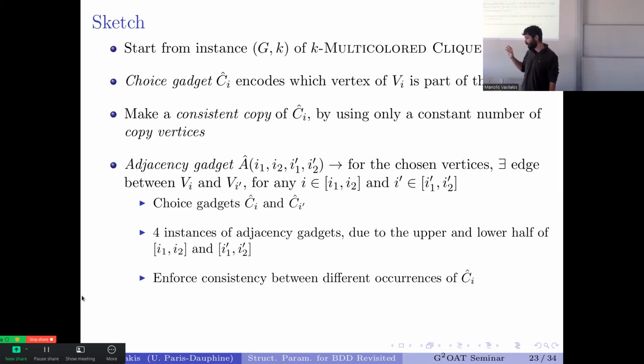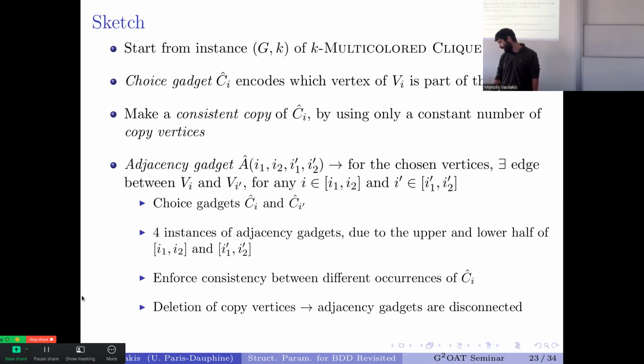Then we enforce consistency between the different occurrences of the same choice gadget. If we delete all the copy vertices, we end up with all of the adjacency gadgets being disconnected. And in the end, the function for tree depth is something like that.